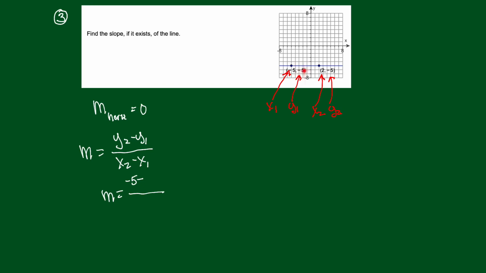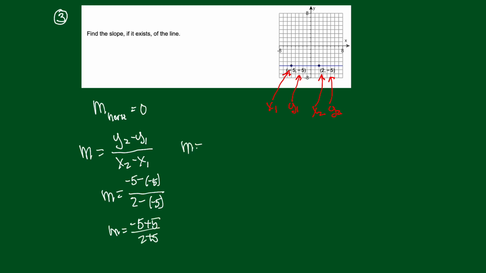The first y is also -5, right? So we have -5 minus -5 over the second x, which is a 2, minus the first x. And the first x is this one right here, -5. Careful with the parentheses. So the slope is going to be -5 plus 5 over 2 plus 5.